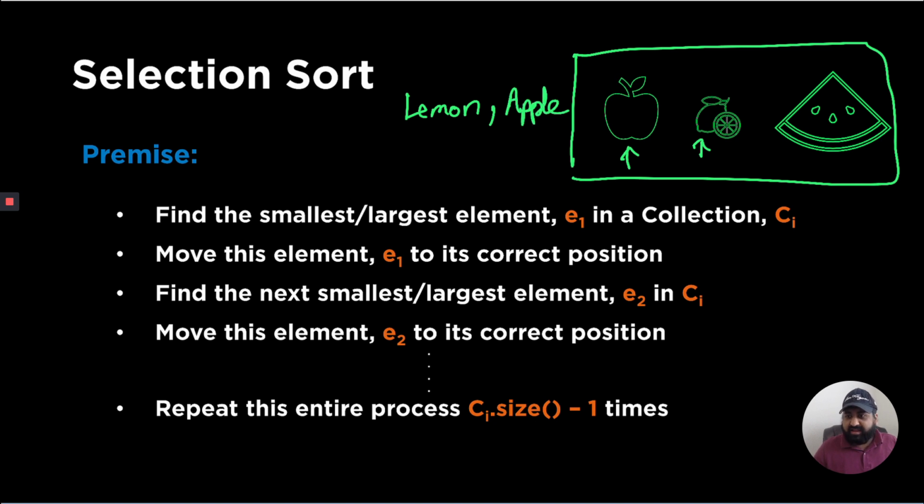And then we finally have just watermelon left in our collection, so it will automatically be assigned to its correct position based on our implementation details. So technically we are repeating this process of finding the smallest or largest element size minus 1 times because the last element will already be at its sorted place.